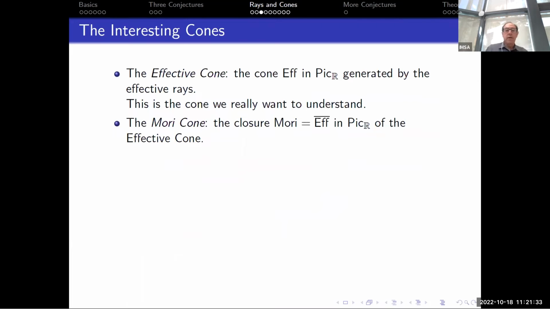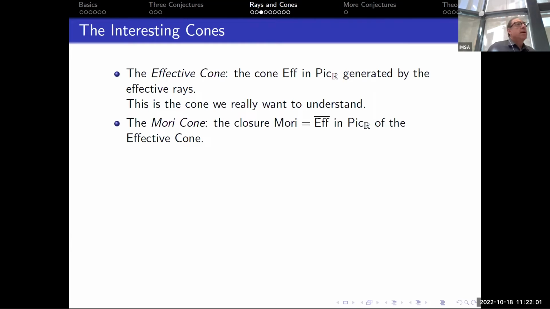So these things, as I mentioned, because of this closure under sums, you have cones. You have the effective cone: take the cone generated by the effective classes, the effective rays. And because the sum of any two rational rays is effective, these form a convex cone.